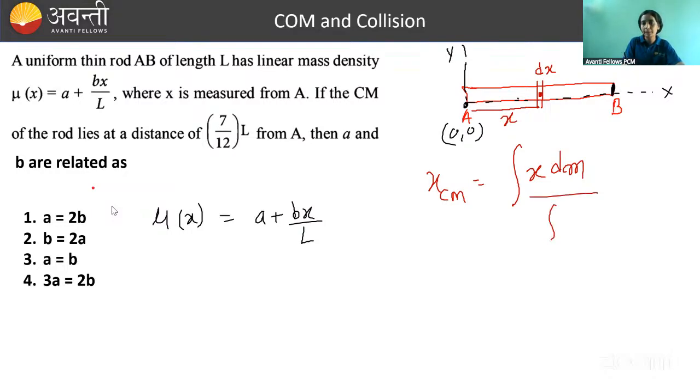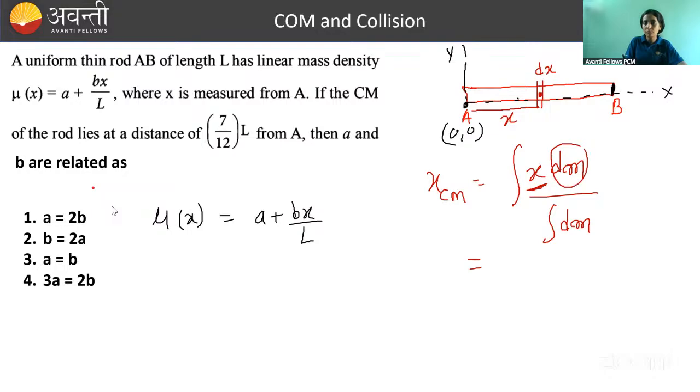So it is the integral of x dm divided by the sum of all masses, that is, the integral of dm. Okay, so locate the center of mass of any one point, and after that you need to do integration covering the whole portion of that continuous body. I have taken this small element, and the position of its center of mass is x. That is why I have written x here.